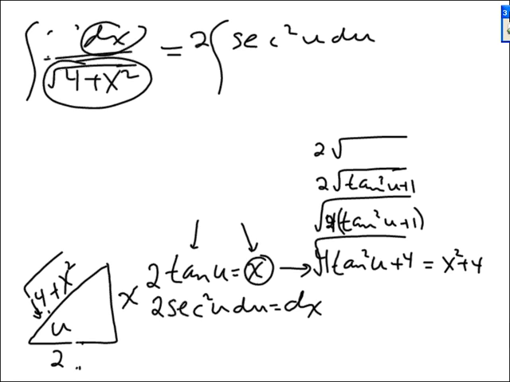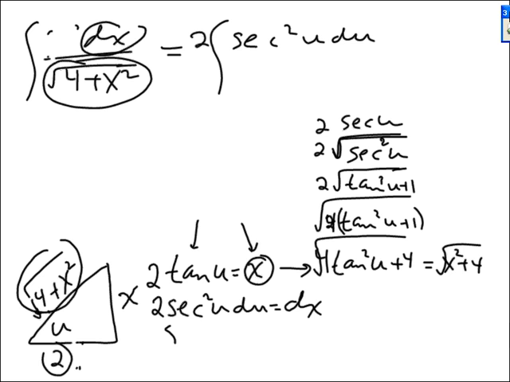But tangent squared u plus 1 is secant squared u, and the square root of secant squared u is secant u. So the square root of x squared plus 4 is 2 secant u. Or I can go this divided by 2. Well, that's secant. Secant of u is the square root of 4 plus x squared over 2.